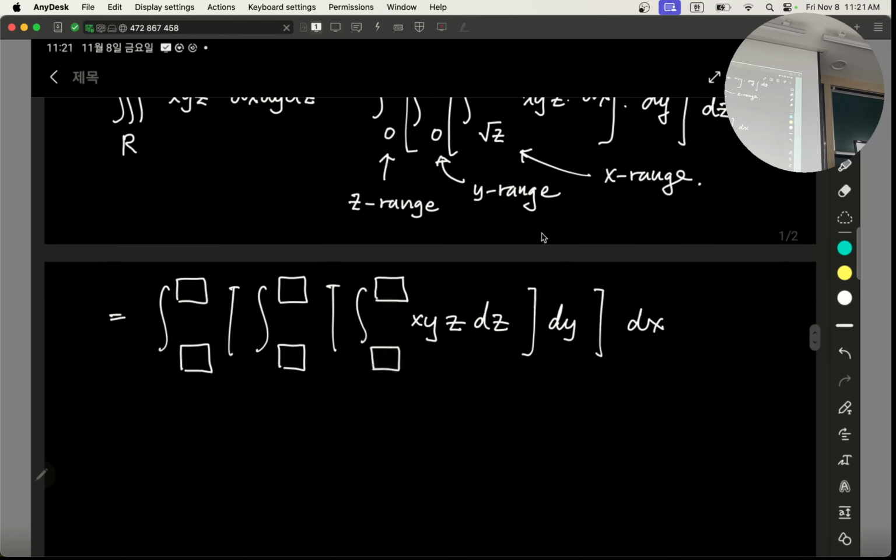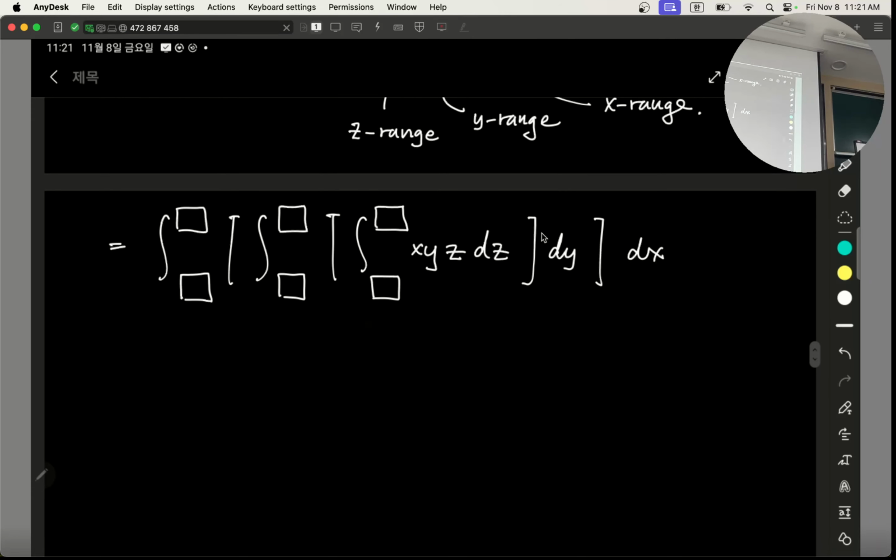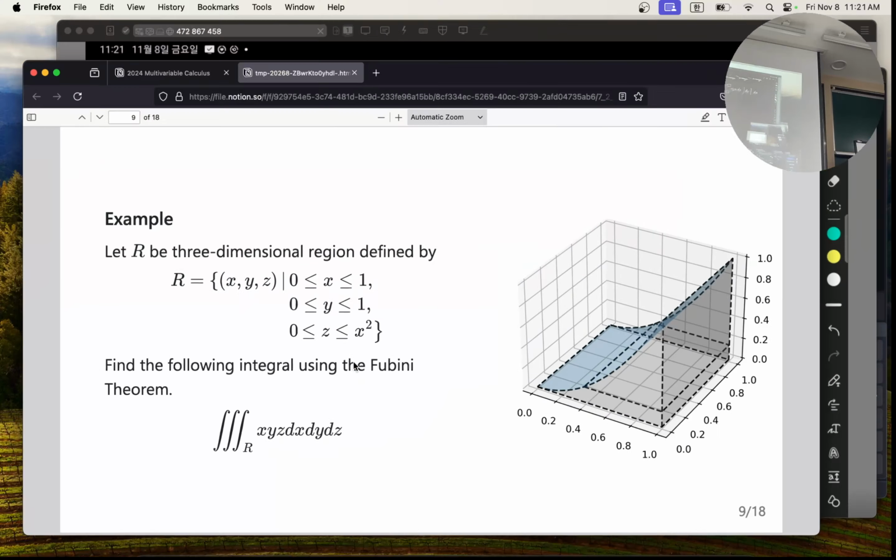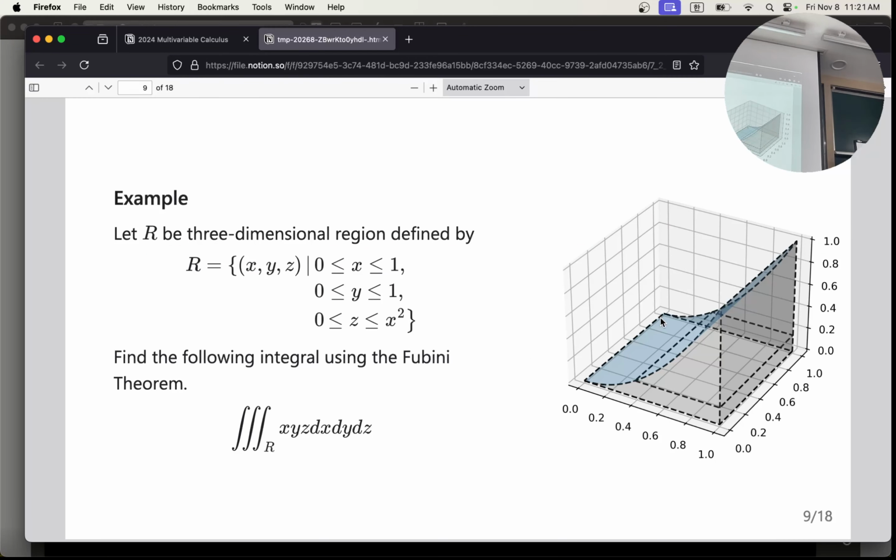So how do you find the limit? You have to look at the picture again. Suppose you cut this volume in the x direction, perpendicular to the x direction. So you still get a rectangle, lying in the y direction.